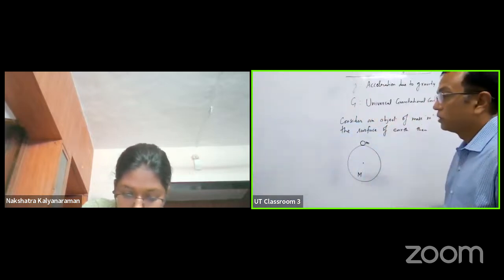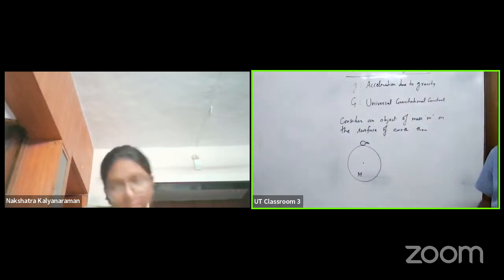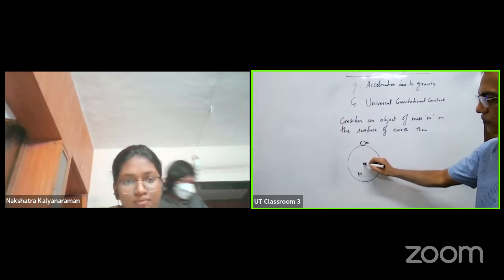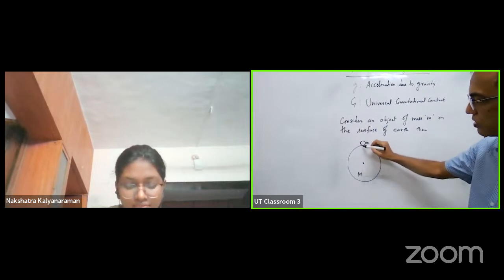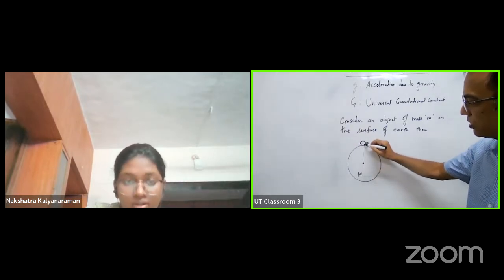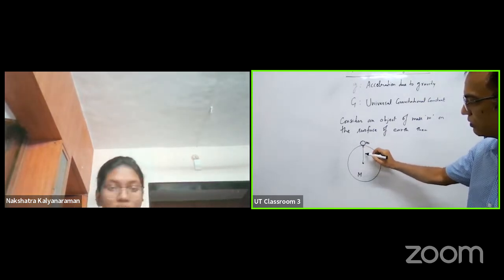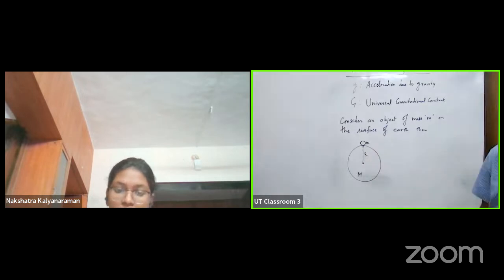So by the universal law of gravitation, what is the force between the small mass and the bigger mass of Earth? That is given by this formula. Let's say the distance between the small object and the center of the Earth is r, the radius of the Earth.